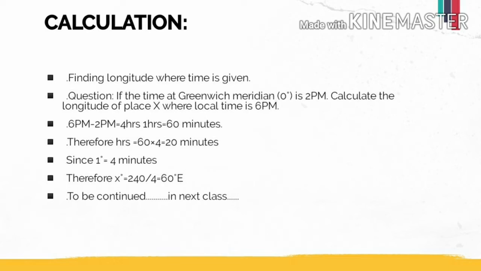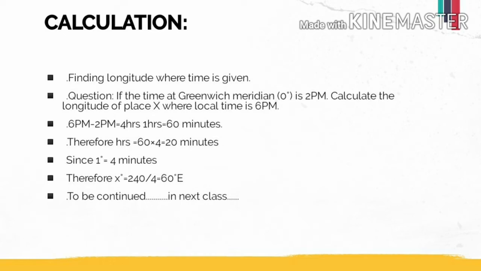In order to find the longitude, I've given an example there. If the time at Greenwich Meridian is 2 p.m., calculate the longitude of a place where the local time is 6 p.m. First step is to find the difference in time.